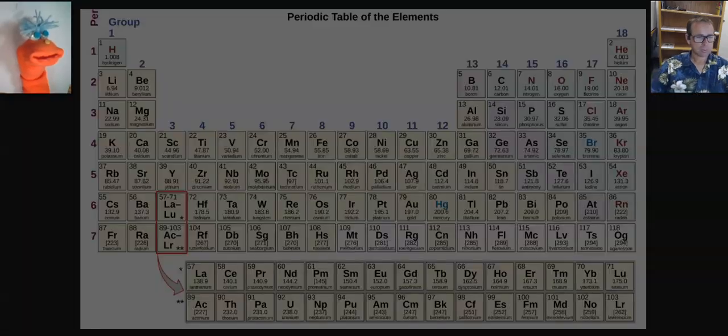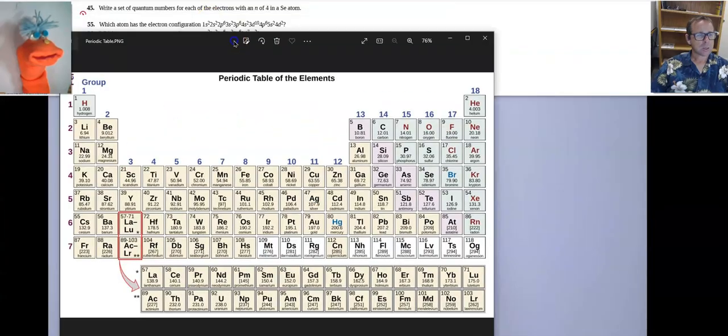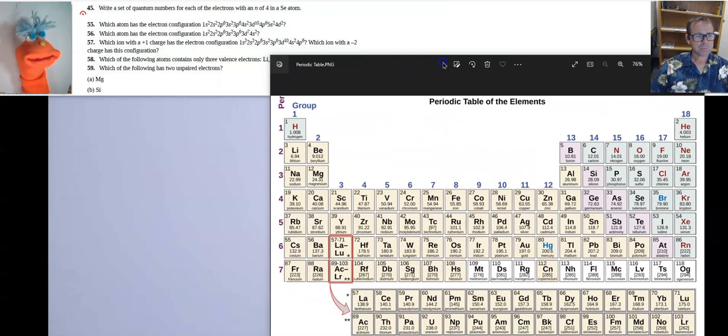There we go. Okay, I have my periodic table here, and I'm looking for selenium. I need to write the set of quantum numbers for each of the electrons with an N of 4 in the selenium atom.